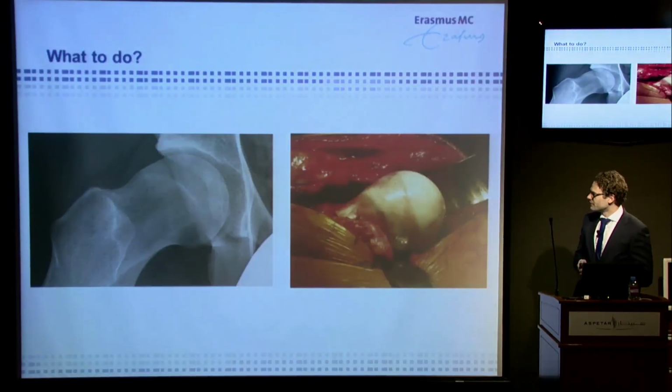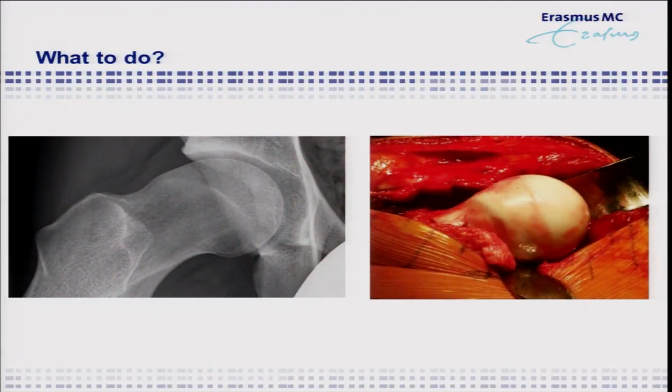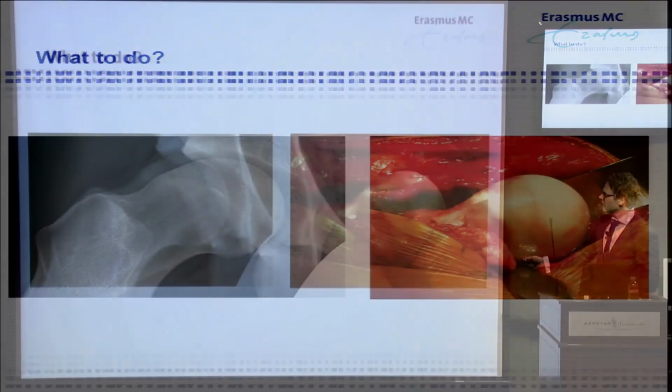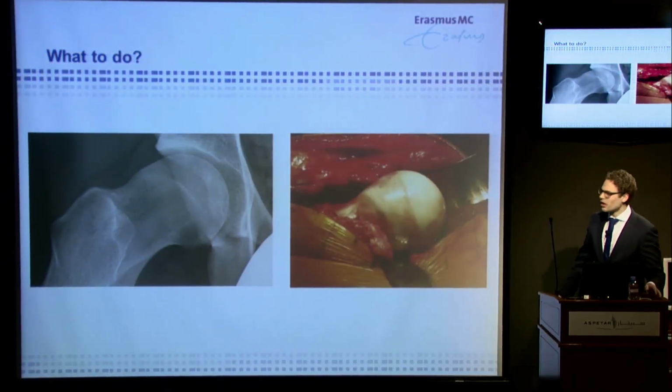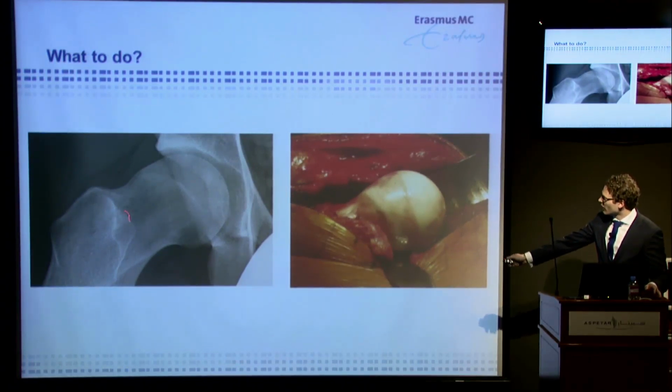But let's start. There's an athlete, 20 years of age, asymptomatic, only limited internal rotation, and his hip looks like this. Intraoperatively, it looks like this. And for the ones who are not familiar with radiographs of the hip, here is the femoral head.